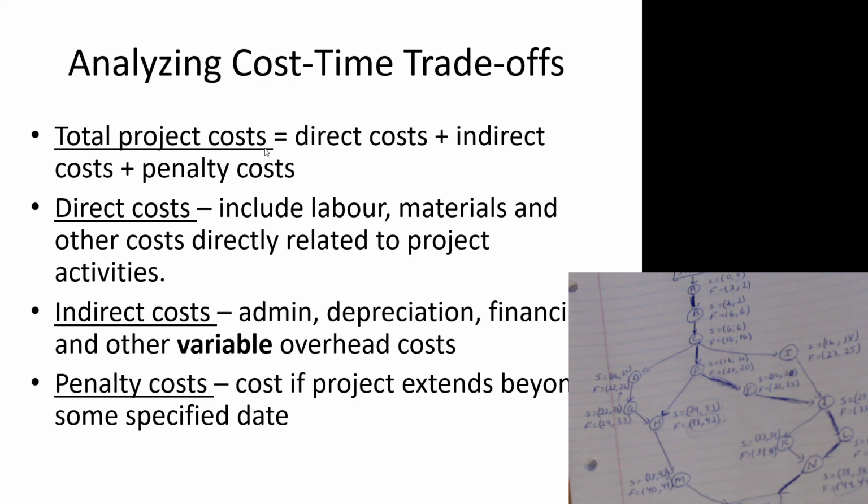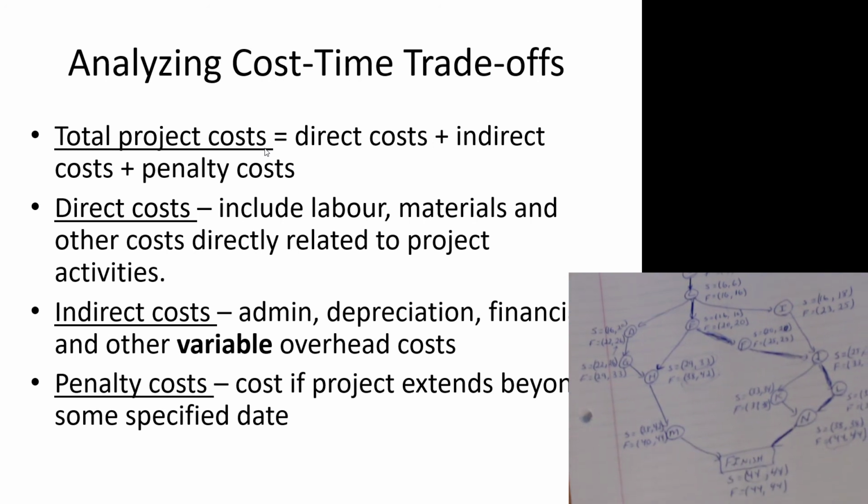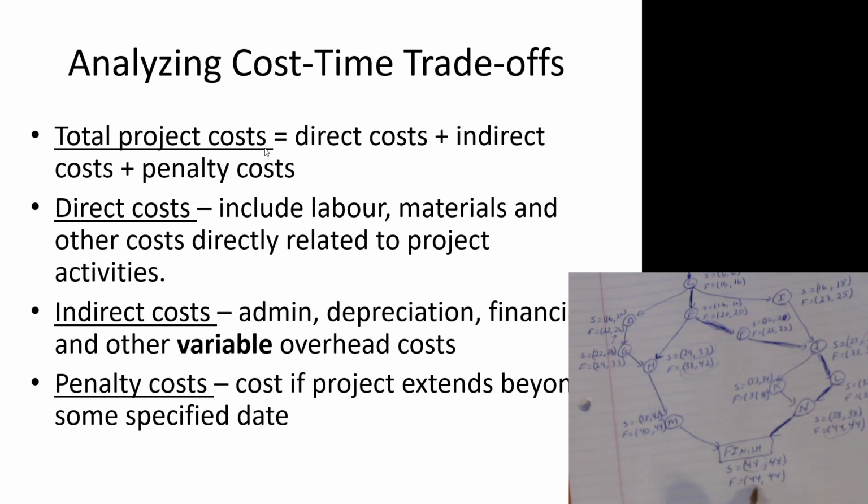However, if we can get the project down to 40 weeks, we get a $150,000 bonus. We've already determined the project duration to be 44 weeks. So if we can reduce the time this project takes by 4 weeks, we're going to get that bonus.